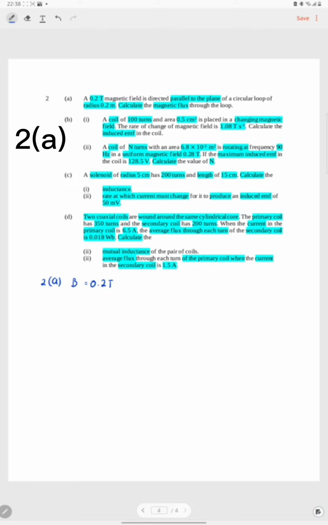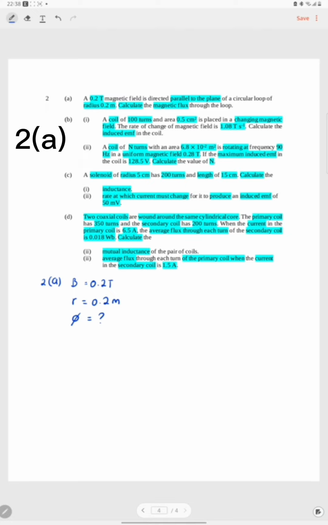It said that the magnetic field is parallel to the plane of the circular loop with radius 0.2 meter. The question asks us to determine the magnetic flux through the loop.